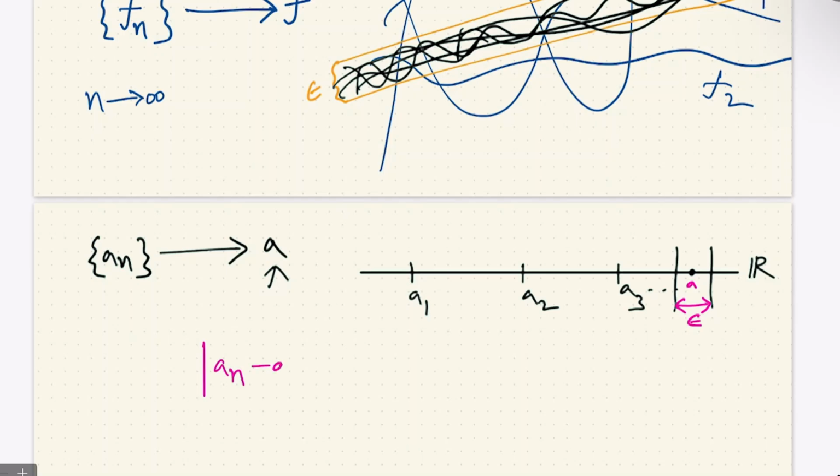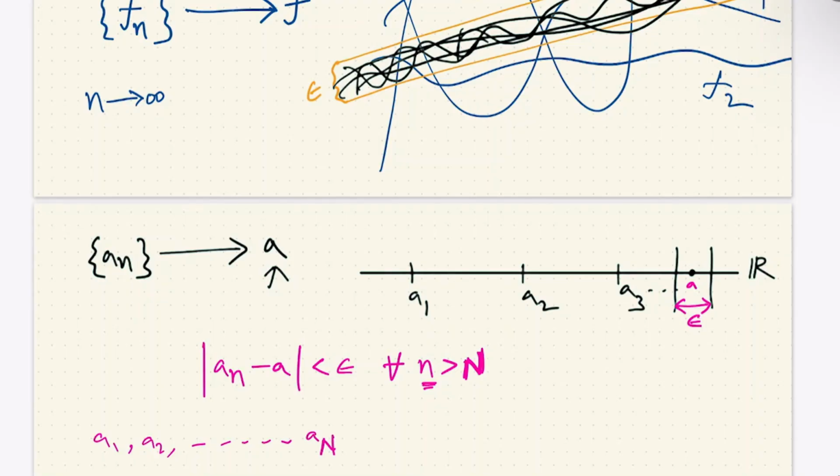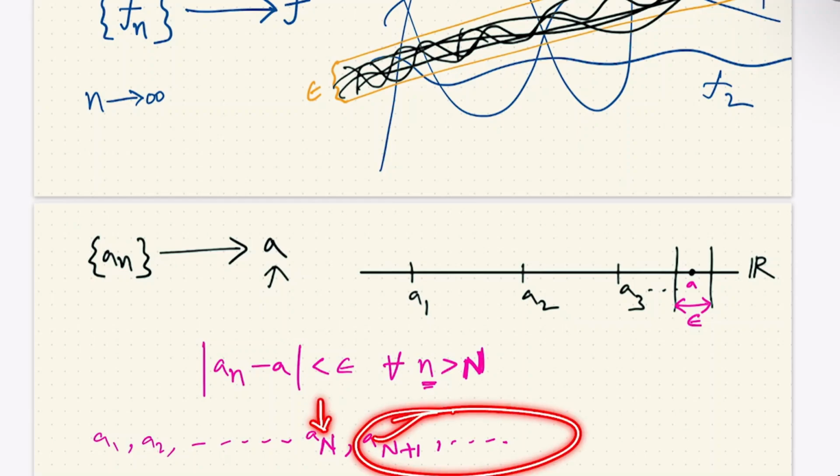So what do you say? The |An minus A| is always less than epsilon for all n greater than a certain stage. After this capital N, your sequence, like you have A1, A2, and so on, A capital N, A capital N plus 1, and so on, after this stage all these numbers fall inside this neighborhood.